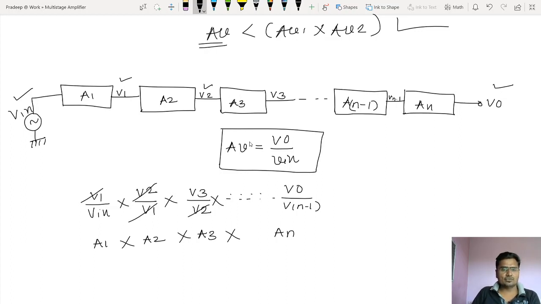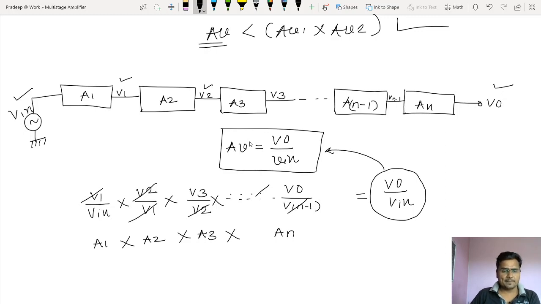So finally, what you get as the multiplication of A1, A2, A3, up to An, is VO by Vin. Is it not? So this Vn minus 1 will obviously cancel the numerator of the previous stage. Right? So like this, if I multiply all those, what am I getting? VO divided by Vin, which is nothing but the total gain of the amplifier.